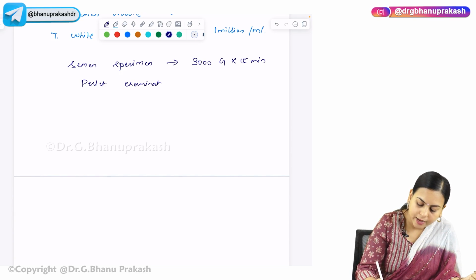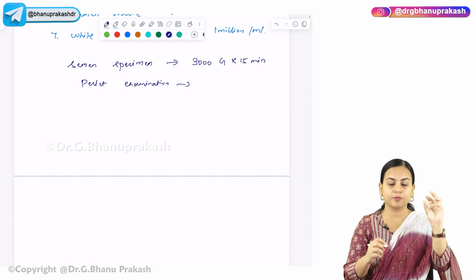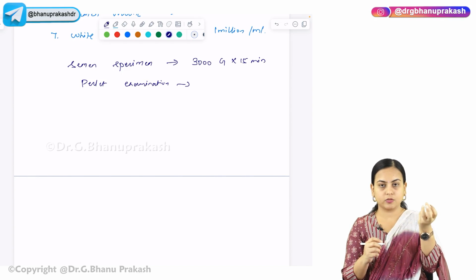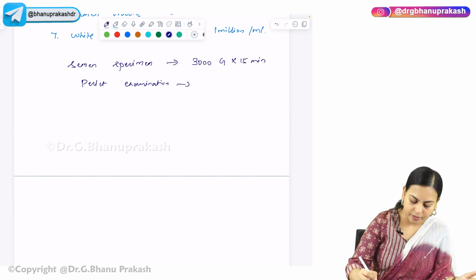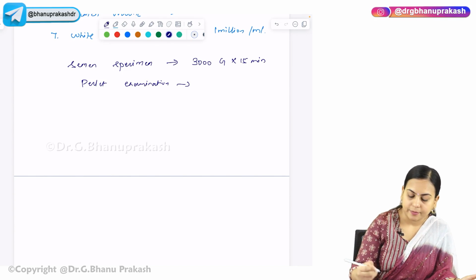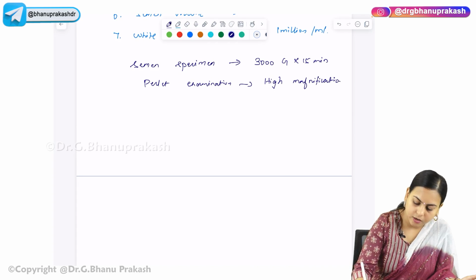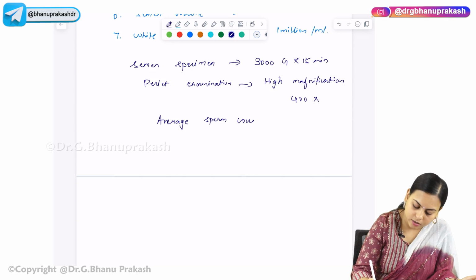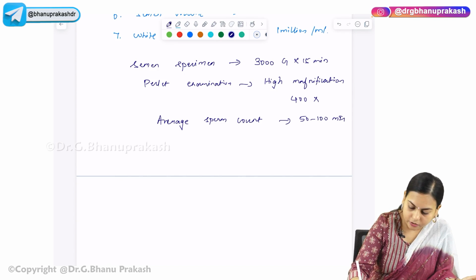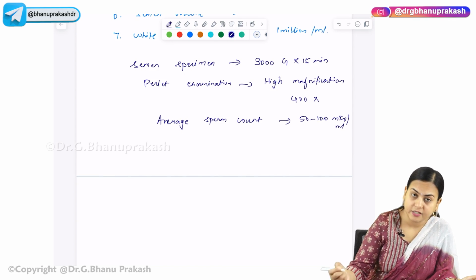You will have 2 layers after centrifugation, all the sperm will be settling down. So that is the pellet. That should be obtained for examination using a high magnification, around 400x. And if you talk about the average sperm count, it is going to be 50 to 100 milli international units per milliliter.